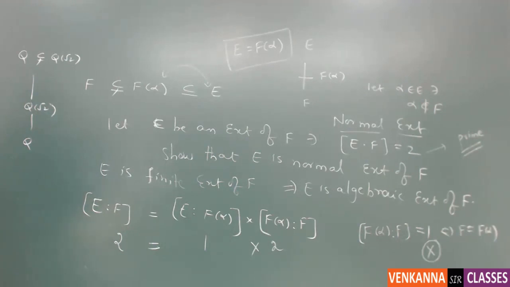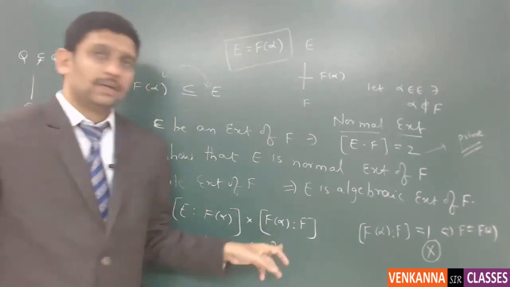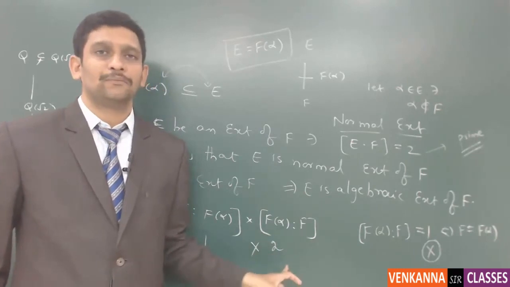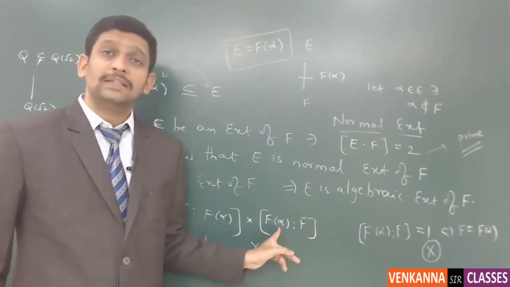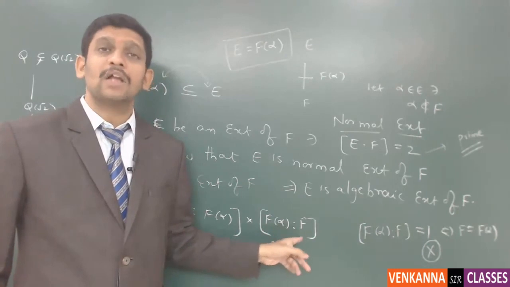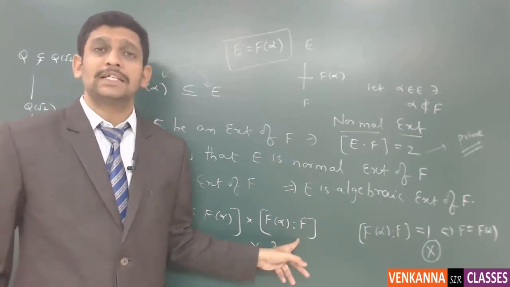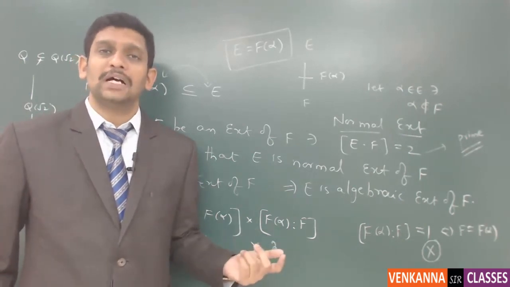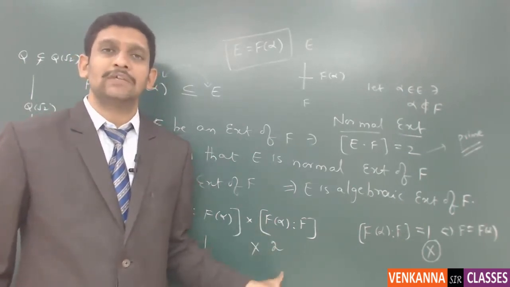If you are clear, I proceed further. Fine. Now what happens? As we know that F(alpha) over F is equal to 2, it means that this alpha is algebraic over F. Hence, it satisfies a polynomial over F. And what will be the degree of the polynomial? It is nothing but 2.